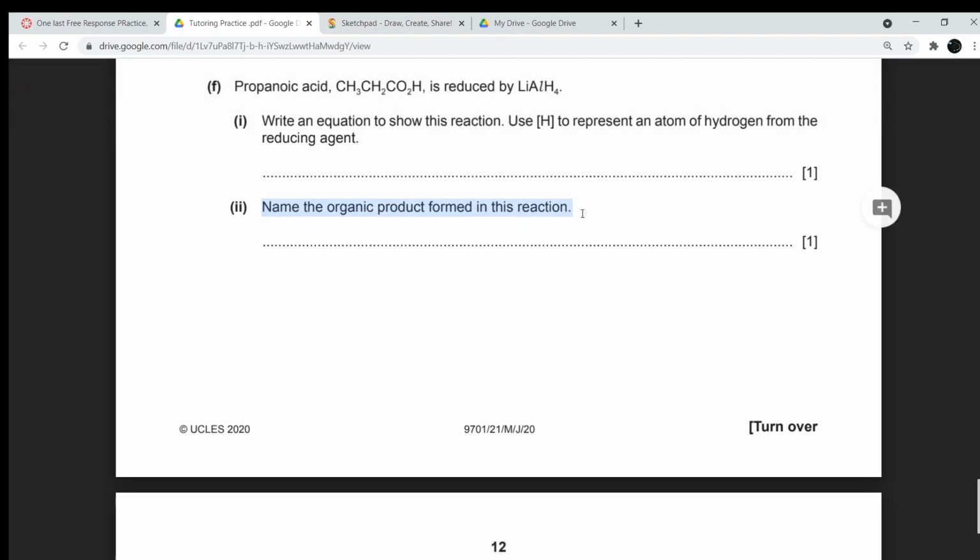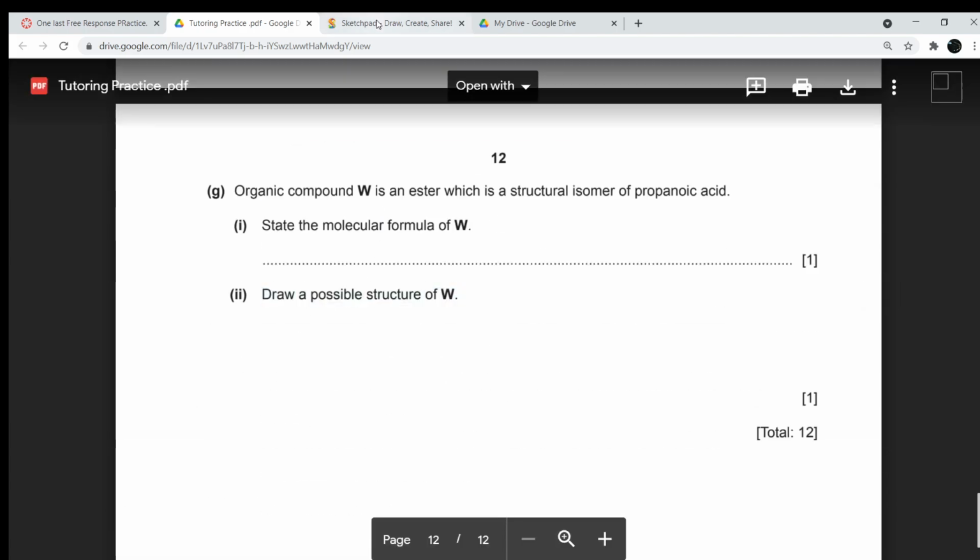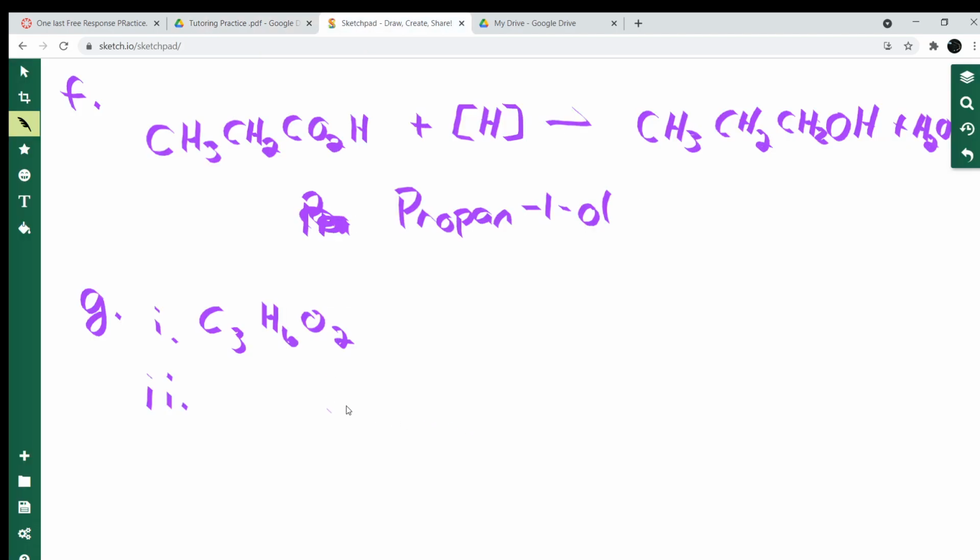Name the organic product in this reaction. Oh, wait, sorry. Draw a possible structure of W. Well, it's an ester. I know that an ester has this. Oh, sorry, I messed up a little bit. I know that an ester has to have this.